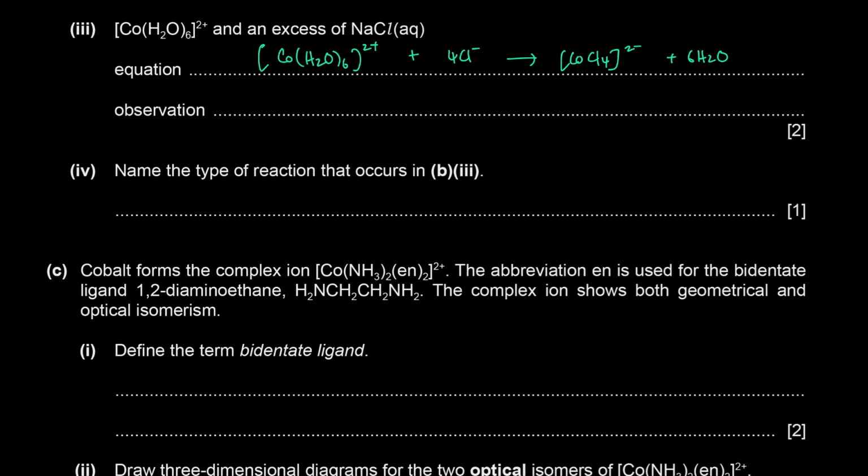And this solution over here is a blue solution. Cobalt chloride is a blue solution. And the reason why we don't have a 6-coordinate complex here and we have a 4-coordinate complex instead is because chloride ions are much larger ligands than water molecules, because chlorine is a much larger atom. So there's not enough space to have 6 chloride ions around the central metal ion.